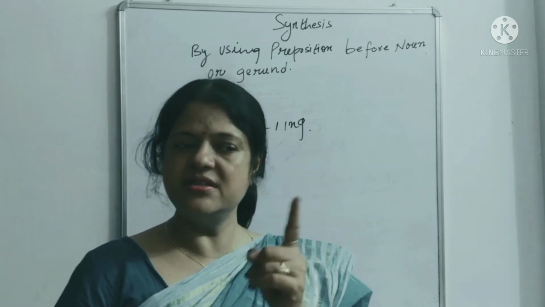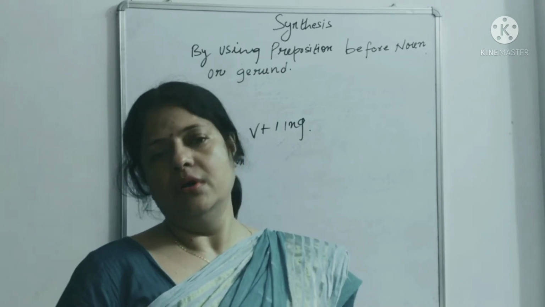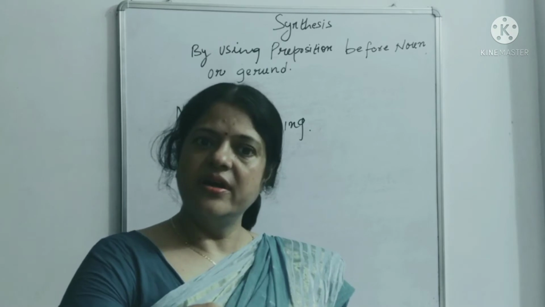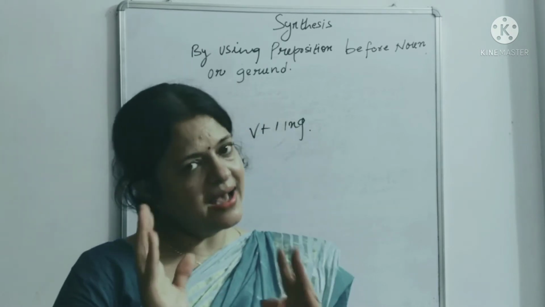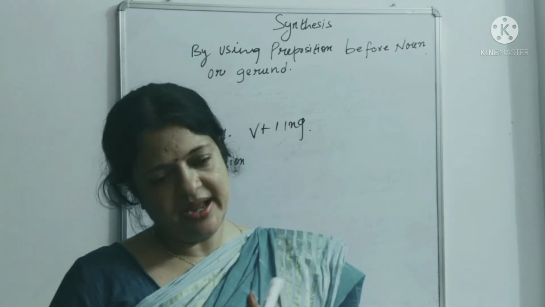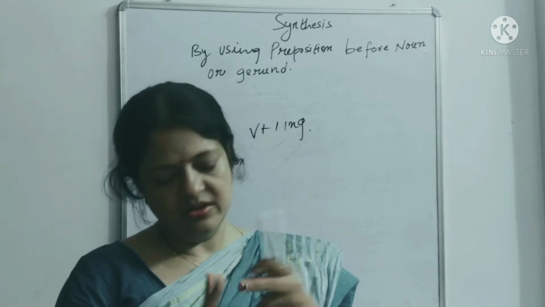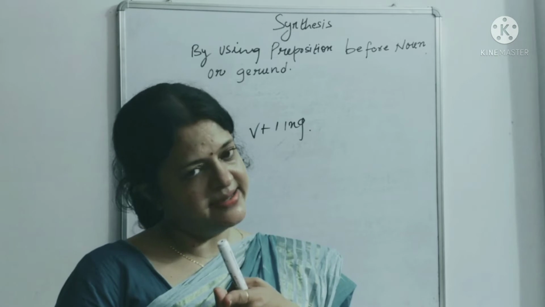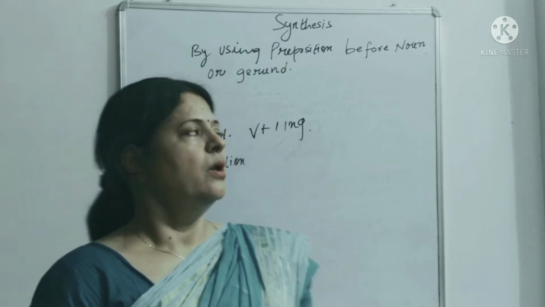Remember, this is the basic difference between these two things. A gerund works as a noun, and a participle can work in both ways: first as an adjective and second as a verb.